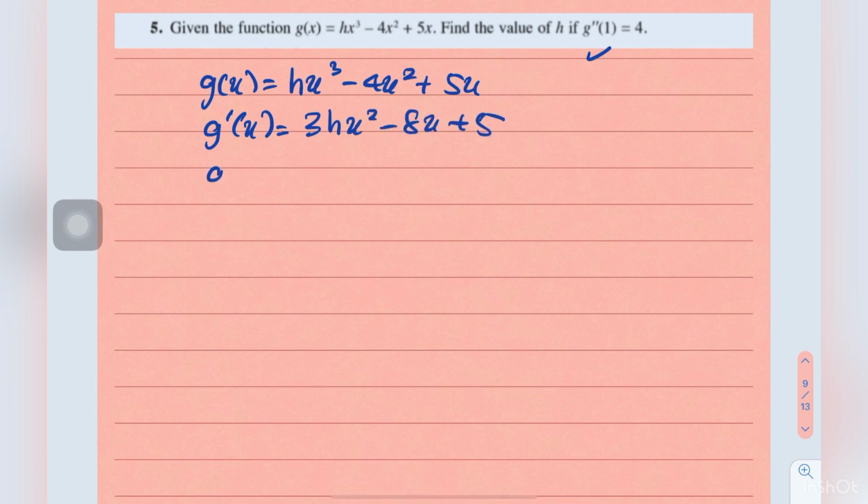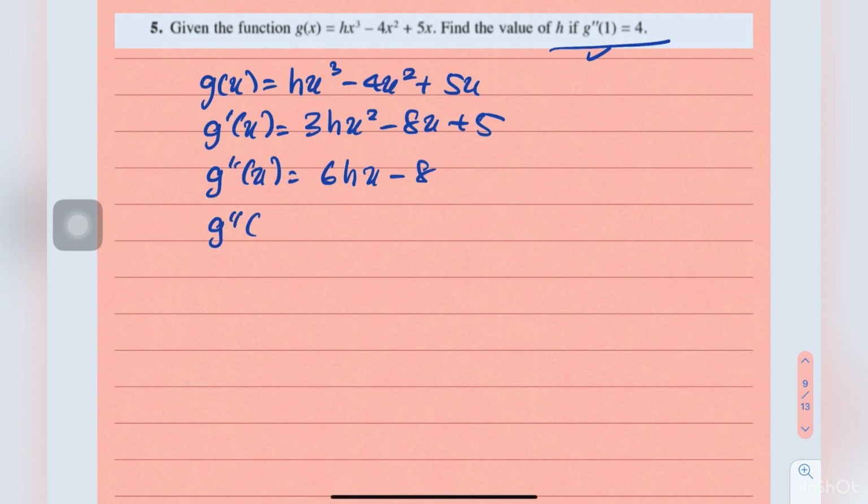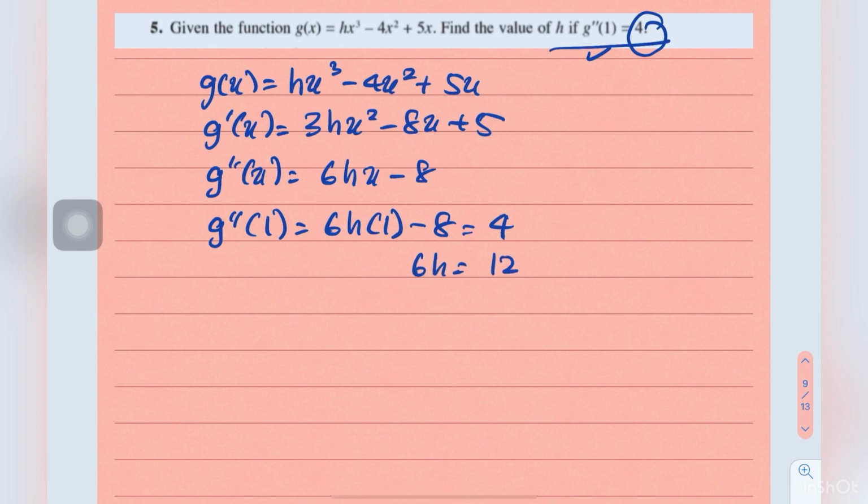For g double prime, differentiate another time: 6hx minus 8. Given g double prime 1 equals 4, you substitute x equals 1. So 6h(1) minus 8, you equate to 4. So 6h is 12, h equals 2. Just simple like that.